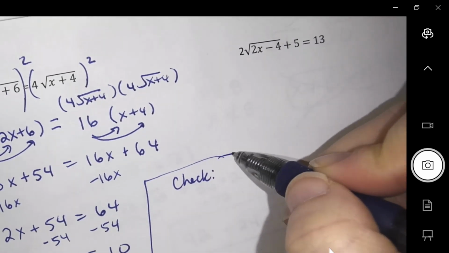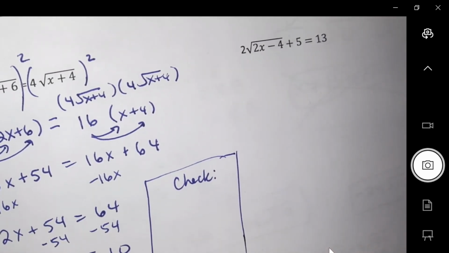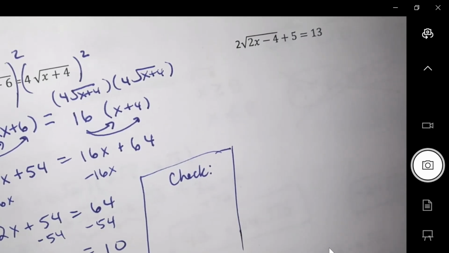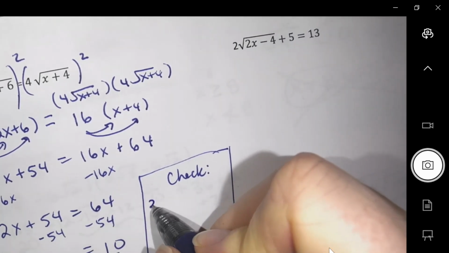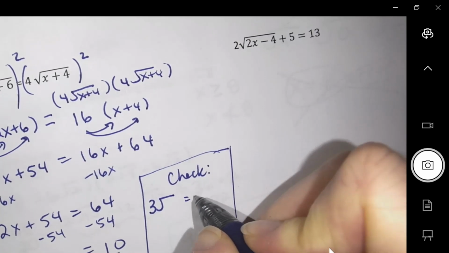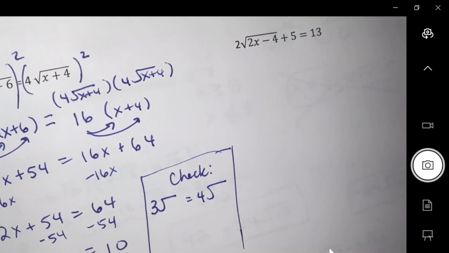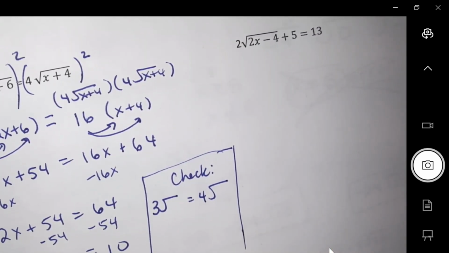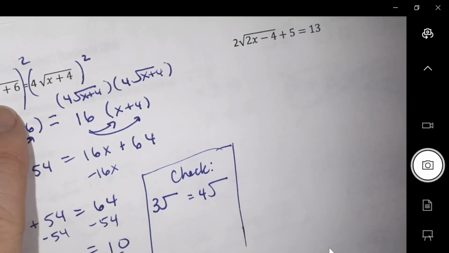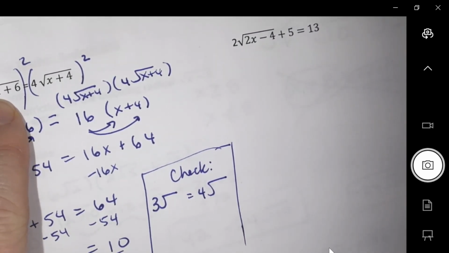Okay, you cannot forget to do this. Check your answer. So I got 5. Okay, let's plug a 5 in. You ready for some quick mental math? What is 2 times 5? 10.